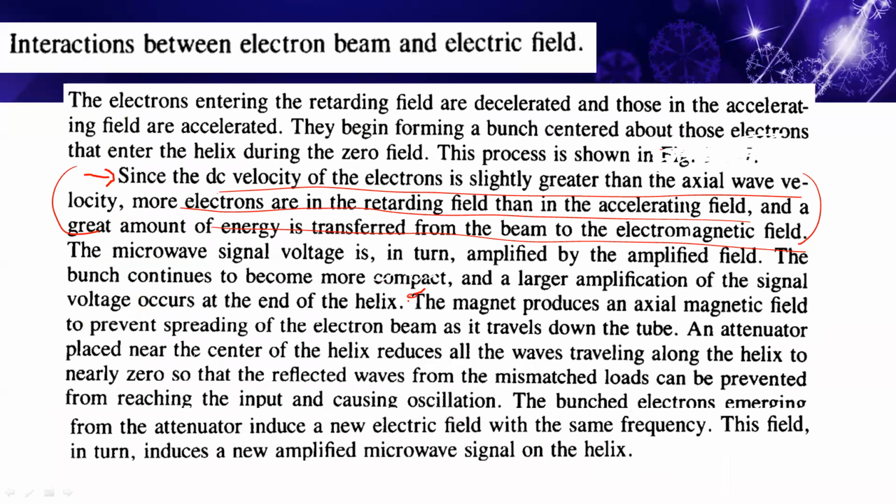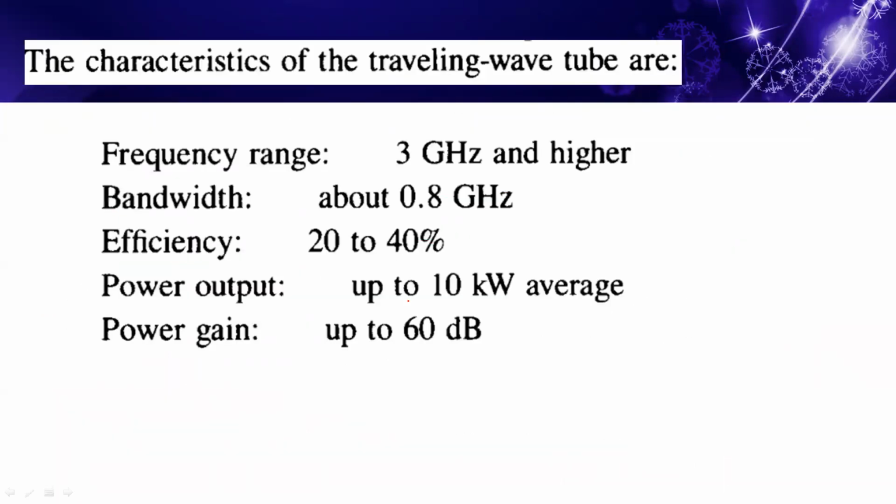These are some characteristics of the traveling wave tube discussed here. The traveling wave tube has a frequency range up to 3 gigahertz and a bandwidth up to 0.8 gigahertz.